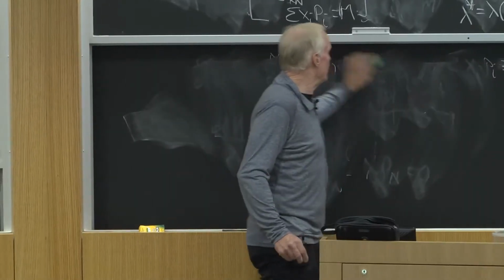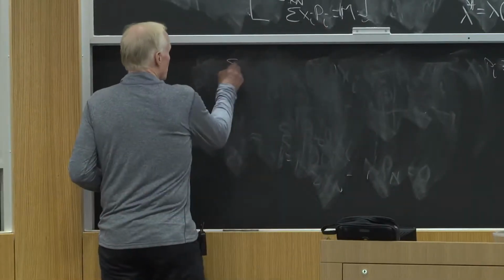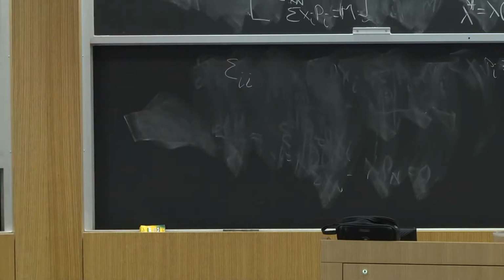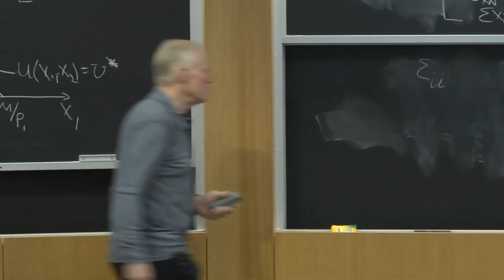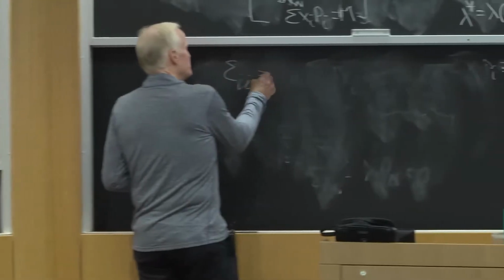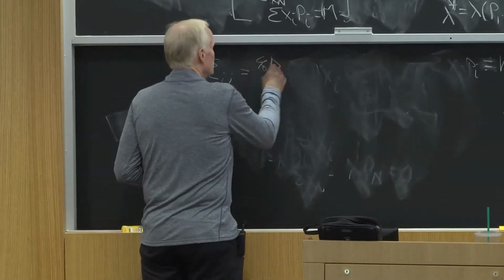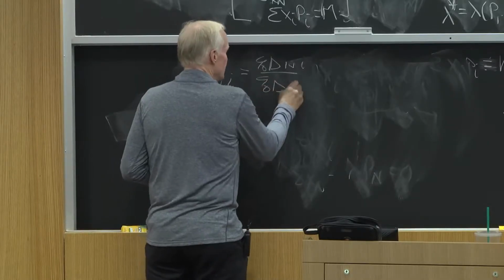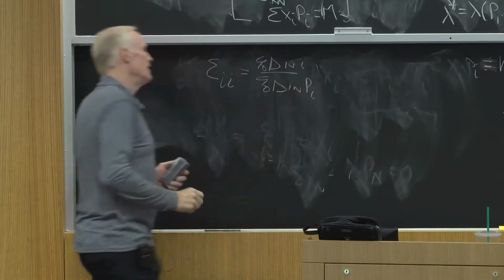So one of the things I'll often talk about is what you might call epsilon ii. That is the elasticity of the consumption of good i with respect to the price of good i, which measures the percentage change in xi divided by the percentage change in pi.